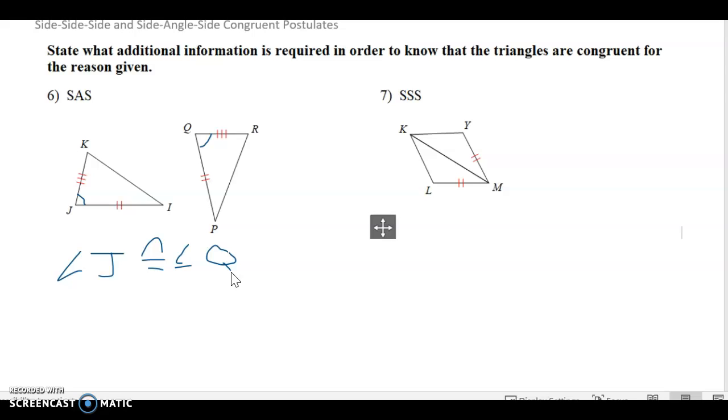Alright, if we look over at question number 7, it says how to show these triangles are congruent by side-side-side. What additional information would be required? So I'm looking at side YM and side YL being congruent. I do have another side, which is the shared side, KM.